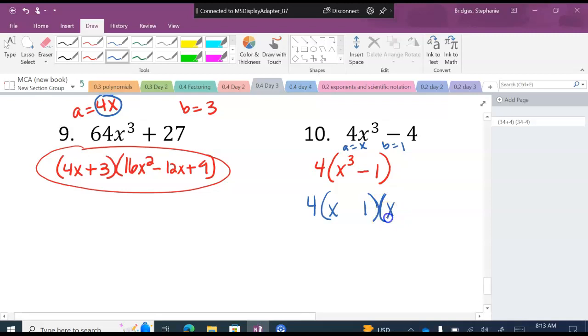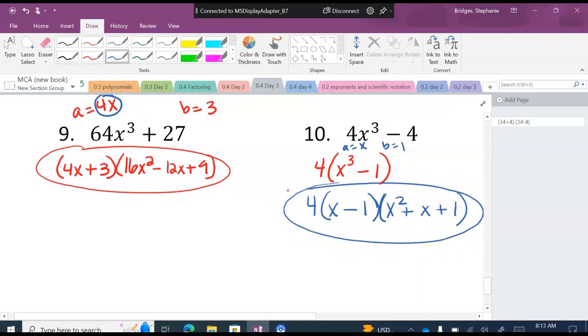And then my second one is my a squared, a times b, and b squared. Okay, and yes, you can put a 1 in front of all those x's. It is exactly the same. And then as far as my signs go, the first sign is going to be the same. Second sign is opposite. The third sign is always positive. And that's how that one looks. The only difference is we had to pull the GCF out first.